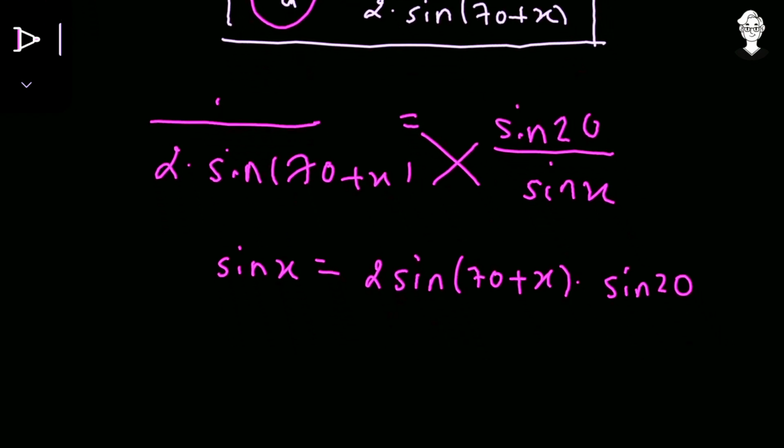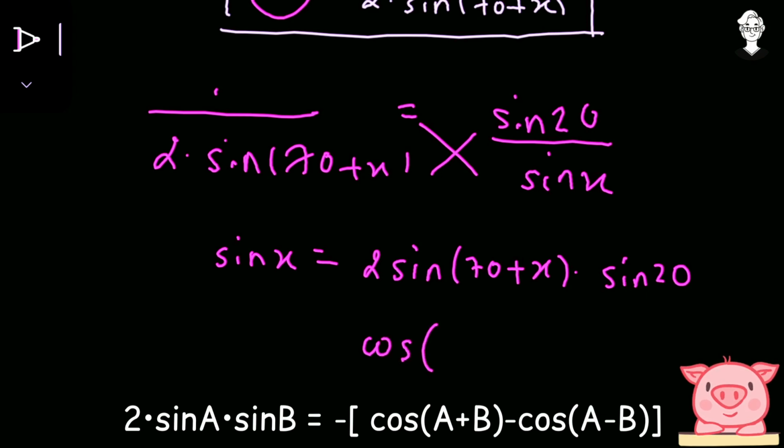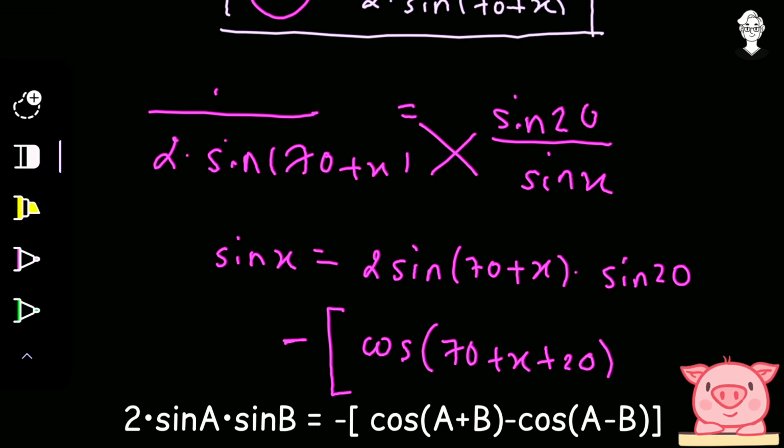Now here we can see that this thing can be opened up as, first of all, a negative sign because 2 times sine is there. So a negative sign, cos of the addition of both, so it will form 70 plus x plus 20, which becomes 90 plus x, so cos of 90 plus x, and cos of 90 plus x is negative sine x.